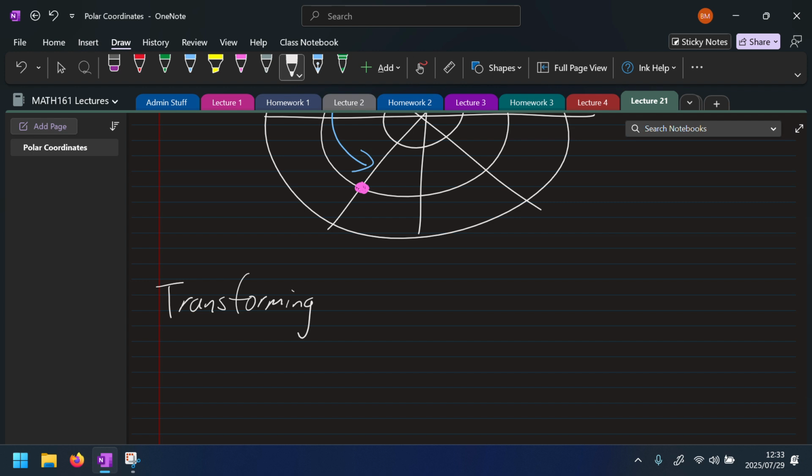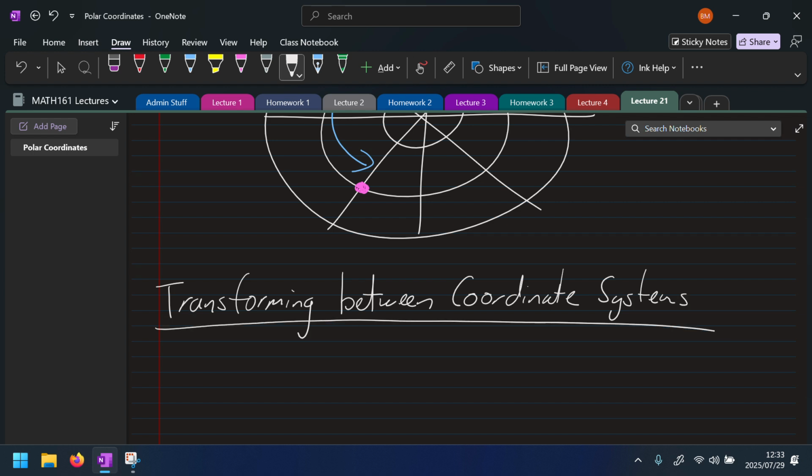If you haven't done it in physics, you'll definitely see it in the maths next year. So we'll look at the case of Cartesian to polar, and polar to Cartesian. However, this does work in general. So next year, when you do all those other coordinate systems, the same idea applies. But for this year, we're only looking at these two.